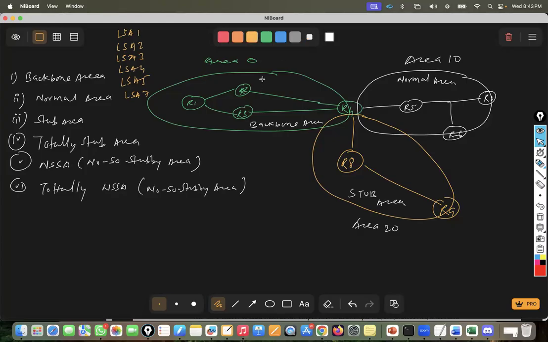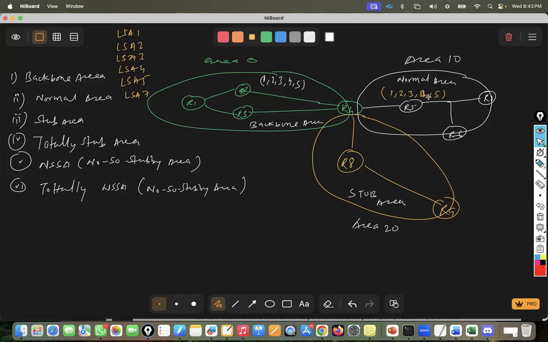It can carry LSA 1, 2, 3, 4, 5. This area also can carry LSA 1, 2, 3, 4, 5. Clear? If I have the backbone area or the normal area, it carries LSA 1, 2, 3, 4, 5, not 7.